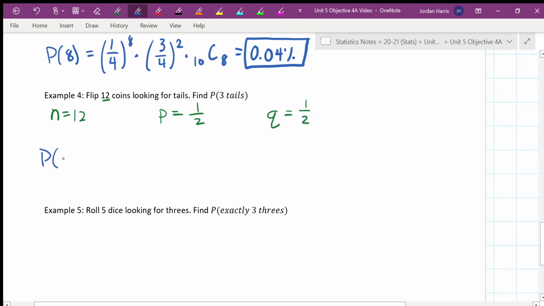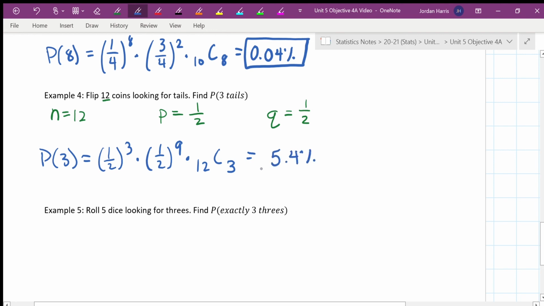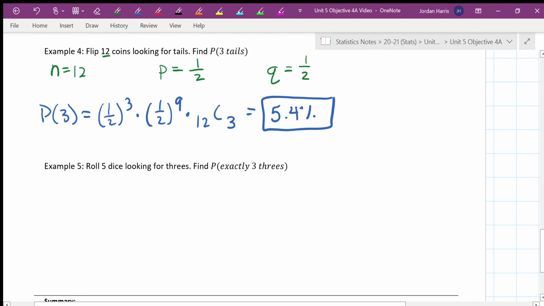So the probability of getting 3 tails is 1/2 raised to the 3rd power times 1/2 raised to the 9th power, 12 minus 3, times 12C3. Okay. Rounding to the nearest tenth of a percent. Remember, I'm converting to percentages here. 5.4%. Done.